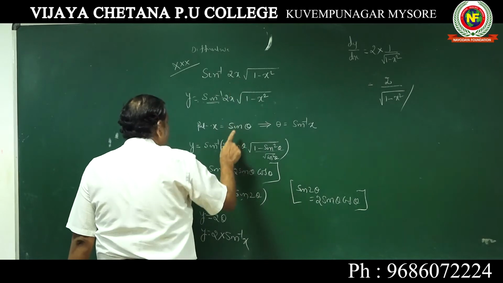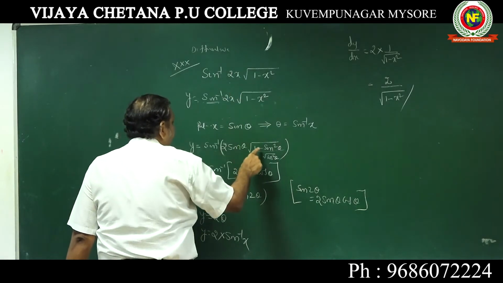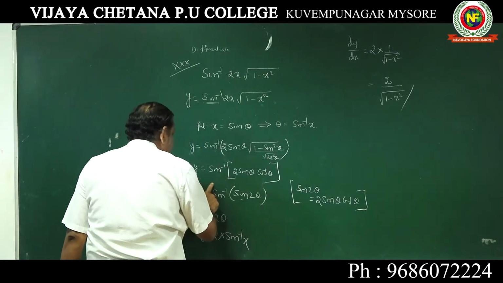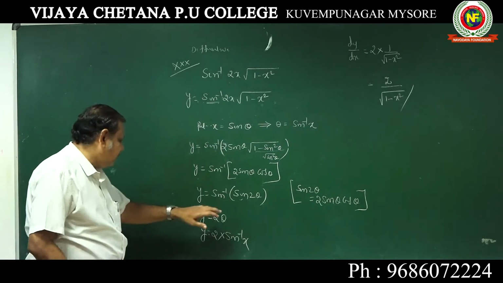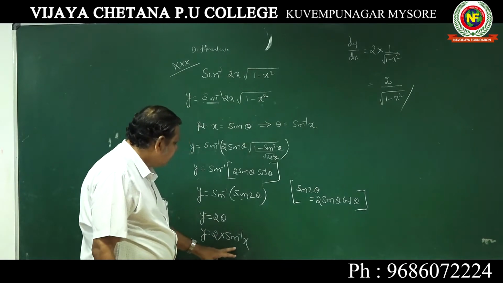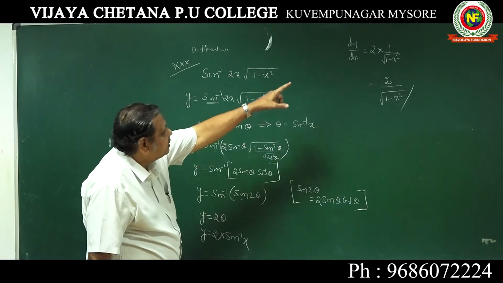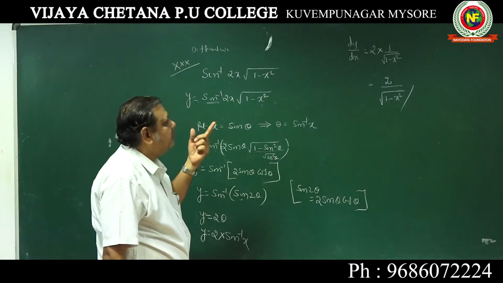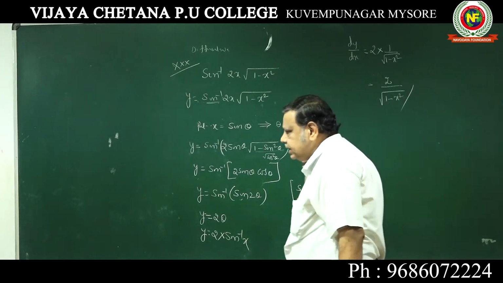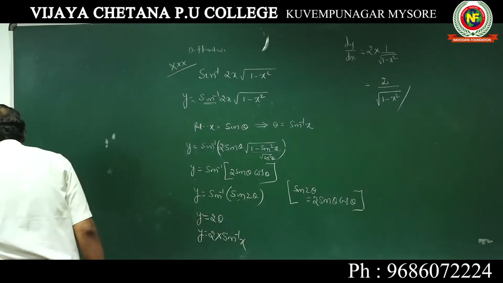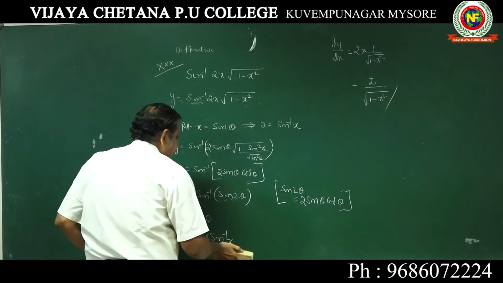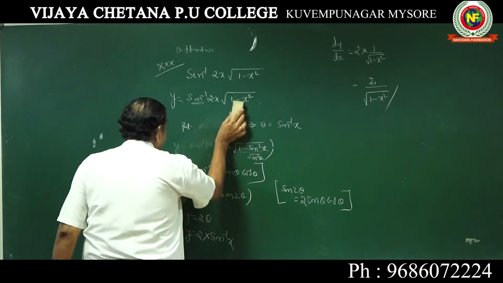Sin inverse of 2 sin theta root of 1 minus sin square theta is sin inverse 2 sin theta cos theta, which is sin inverse of sin 2 theta, that is 2 theta. Substitute 2 sin inverse x, and then differentiate. Last step: 2 over root of 1 minus x square. This is the answer. Very important problem for examination, and they will ask this. So shall we go to the next problem?